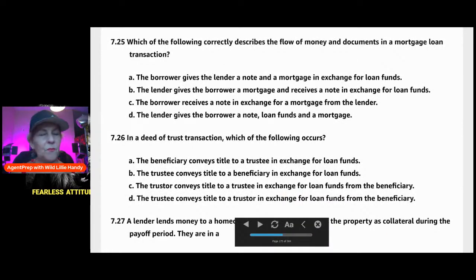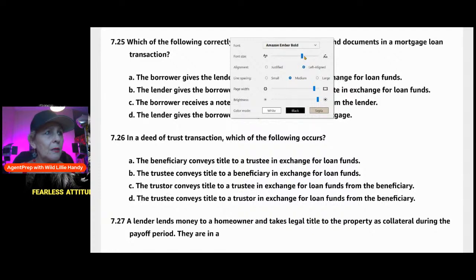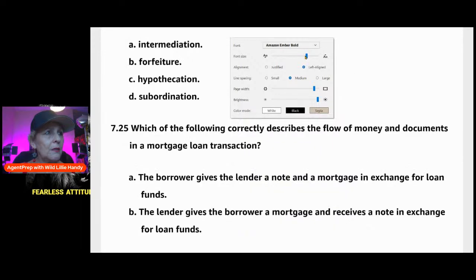$25. Which of the following correctly describes the flow of money and documents in a mortgage loan transaction? Let me enlarge it a little bit. Oh, that was too much.